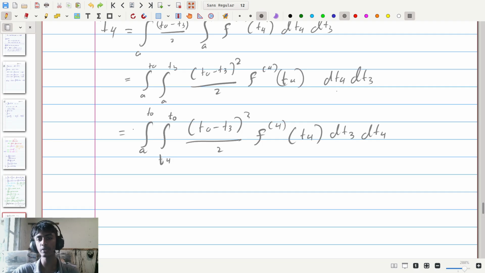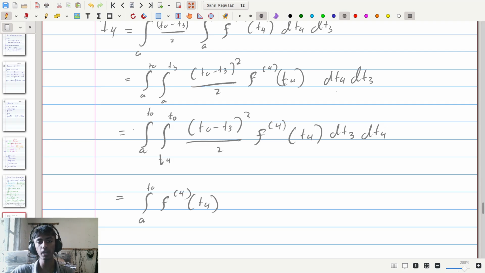So now that we have this, we can see first we are evaluating with respect to t3. Since t4 is independent of t3, we can take this whole term, the fourth derivative of f evaluated at t4, out of this first integral and take only that integral separately. So here we have the integral from a to t0 times the fourth derivative of f evaluated at t4.